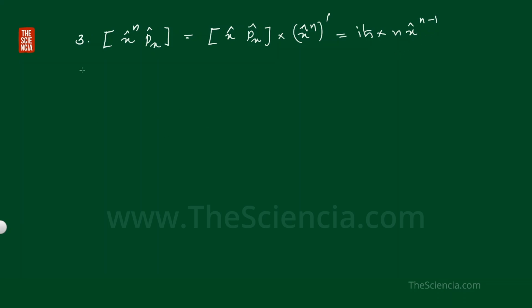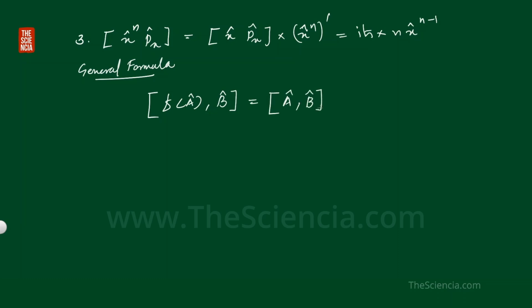So we can make a general formula, and we can use this general formula to solve any kind of problem. That is, the commutator bracket of a function of an operator a with another operator b: we take the commutator bracket of a comma b, then we take the derivative of this function.